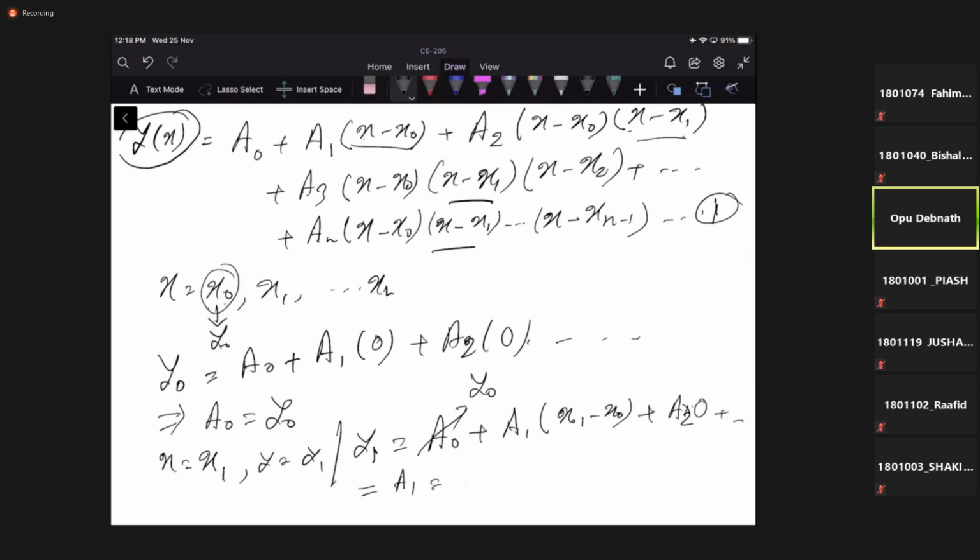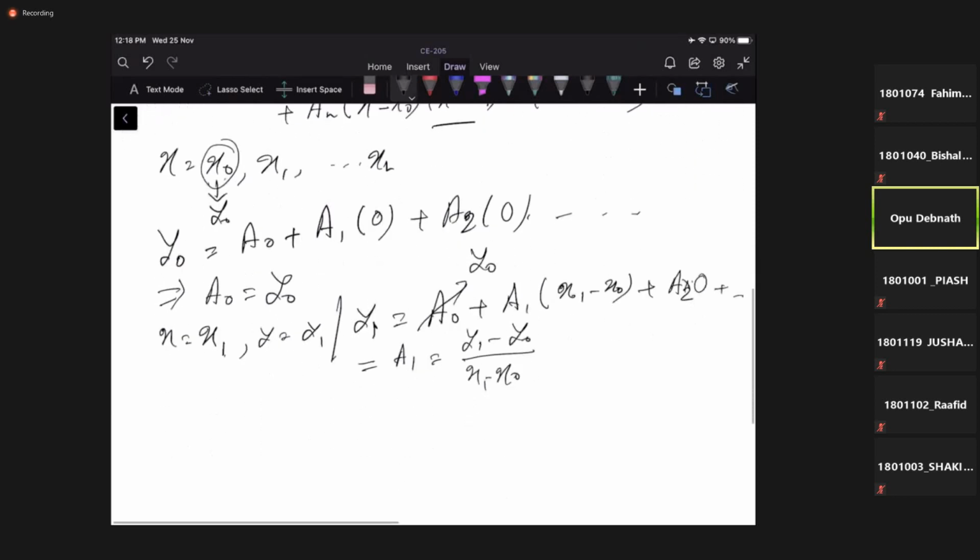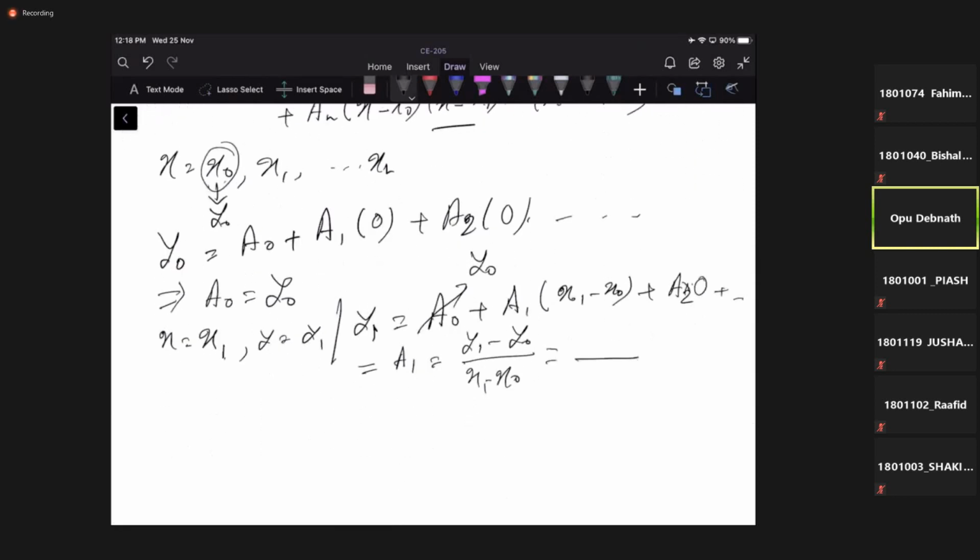So you will get the value of a0, this is nothing but y1 minus y0 divided by x1 minus x0. Here is a technique while finding the difference table. We know y1 minus y0 is nothing but del y0, the first forward difference.